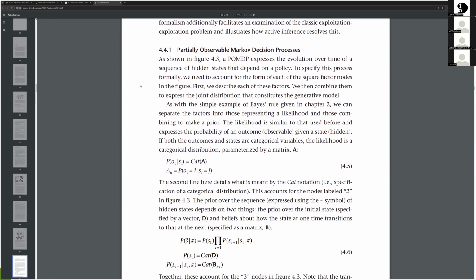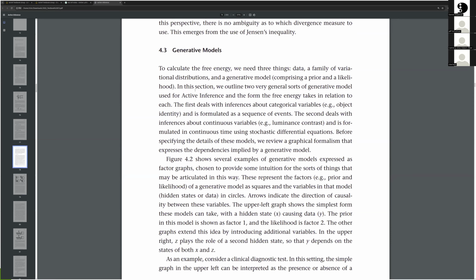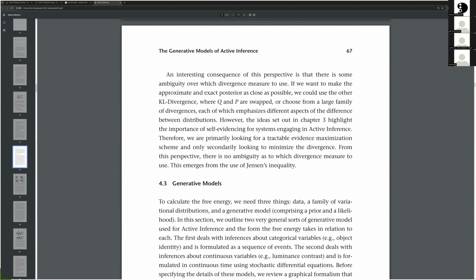Understood, thanks. It also highlights how free energy is very model specific. Whether thinking of the perceptual variational free energy calculation, the sense making from noisy and partial data, or action selection as an inference problem, that free energy calculation is based upon the data, the family of variational distributions, and the generative model.